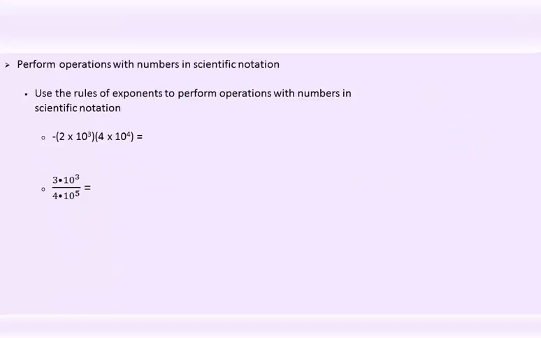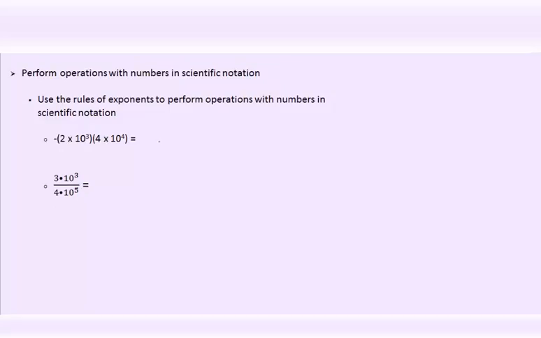When we perform operations with numbers in scientific notation, it's helpful to remember the rules of exponents. In our first example, we have negative 2 times 10 to the third power multiplied by 4 times 10 to the fourth power. Both numbers are written in scientific notation, so when we multiply them together, we can separate our 2 and our 4 from our powers of 10.